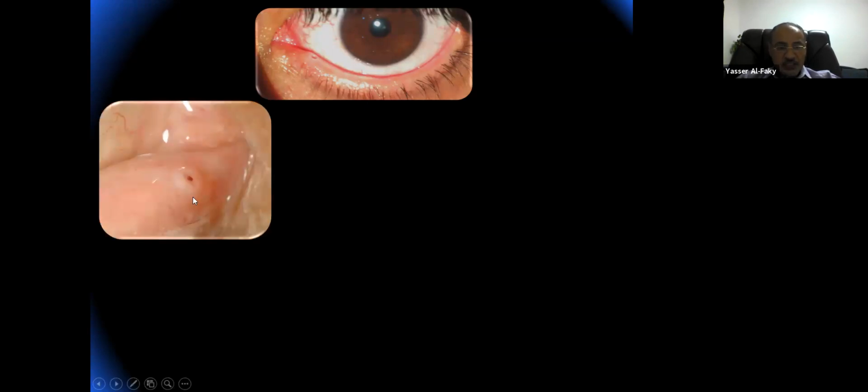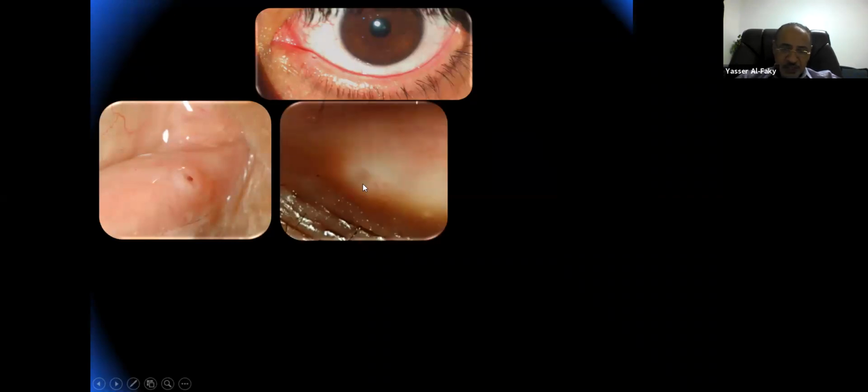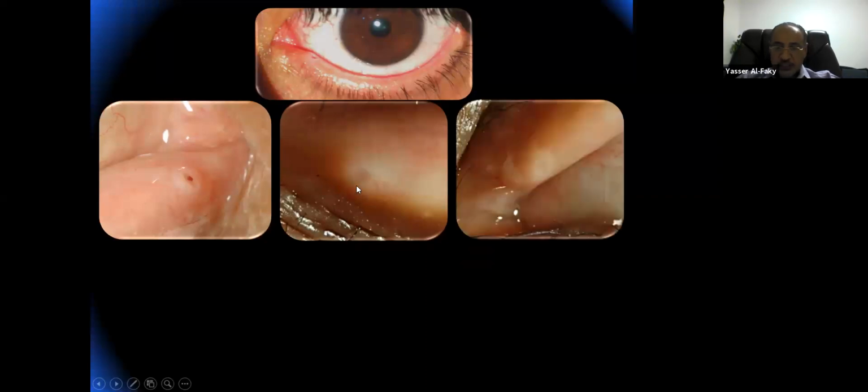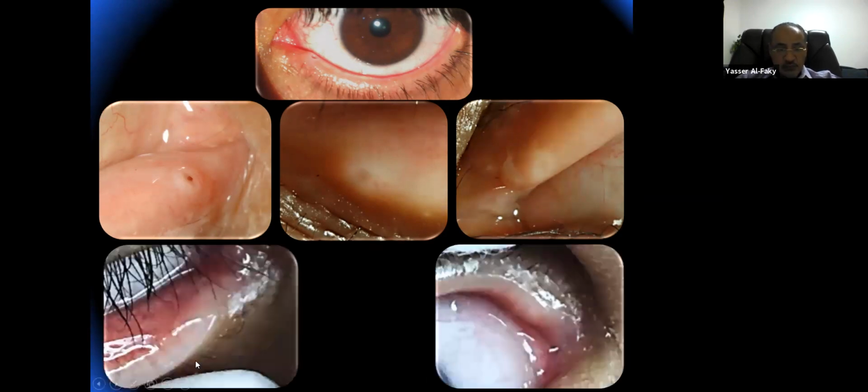This is mild stenotic, but we can see the lumen here. Sometimes it is very hard to see the lumen, or you cannot see it. This is a mild degree. This is mild to moderate. If you cannot see the lumen here, only the membrane, but you can identify where the punctum is, this is a moderate degree. And finally, if you cannot identify where the punctum is, this is a severe degree of punctal obstruction.